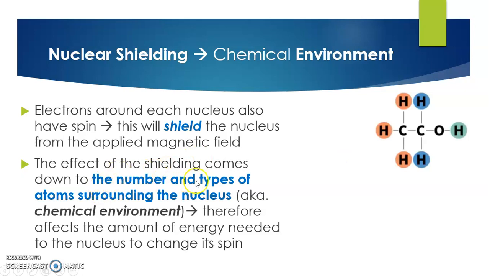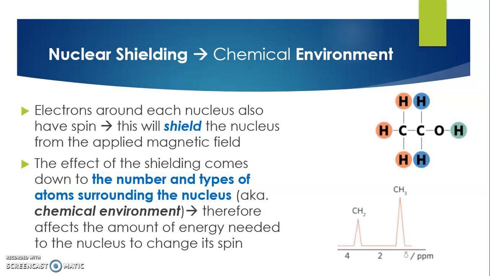So the number and types of atoms surrounding that particular nucleus in question constitute the chemical environment of that nucleus. If you are in a different environment, in the case of these two carbons, you will have a different kind of shielding effect on you, and therefore the amount of energy needed for the nucleus to change its spin will be different.